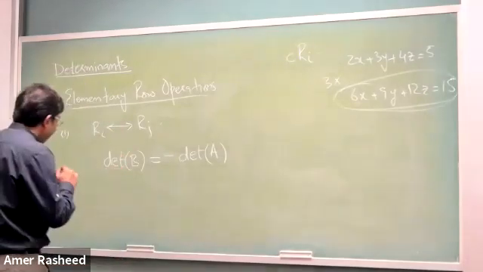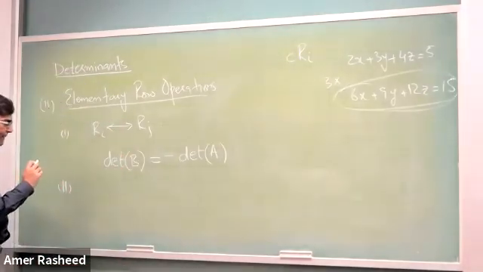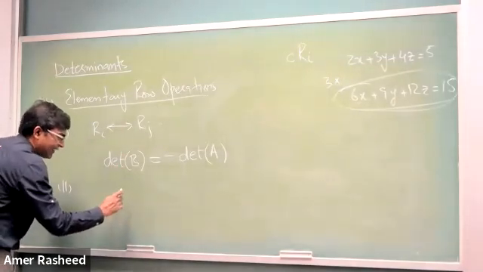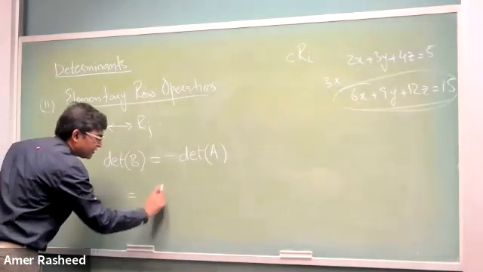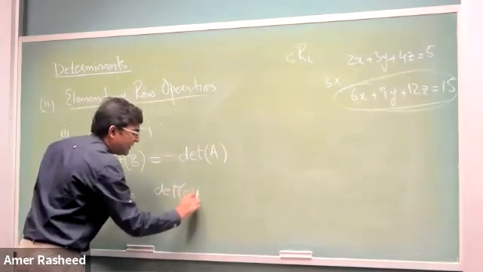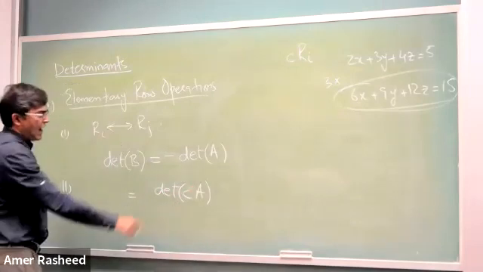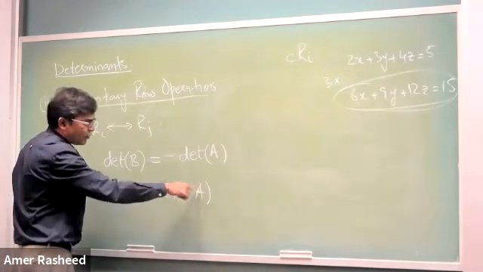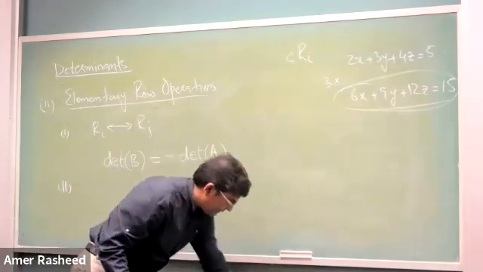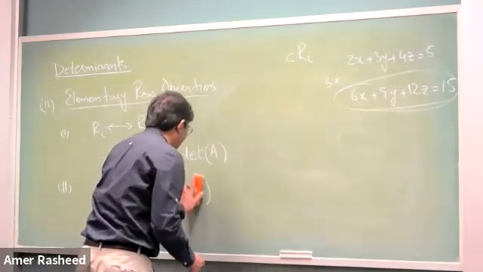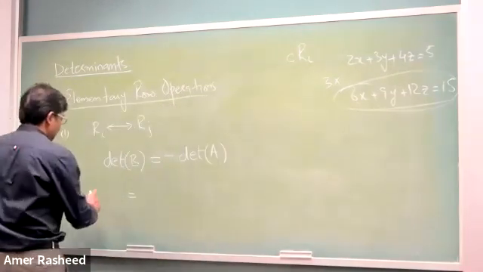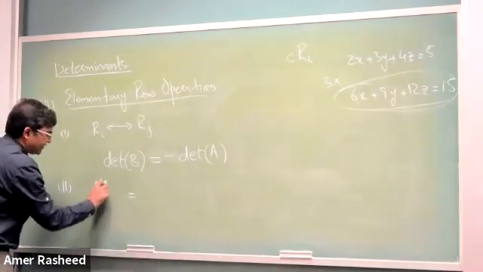Whenever you multiply a determinant of any matrix A with some constant, for example, determinant of cA. Now, what did you do? You multiply determinant A by c, okay? Not this one. You multiply a certain row by c, and you obtain a new matrix, determinant of B.